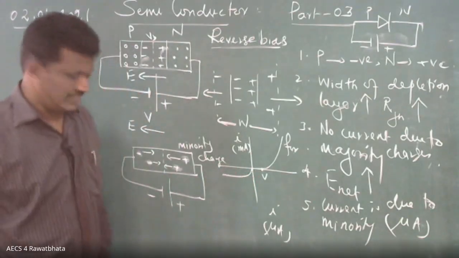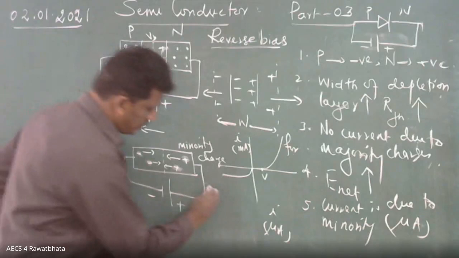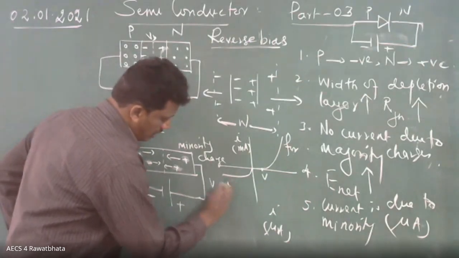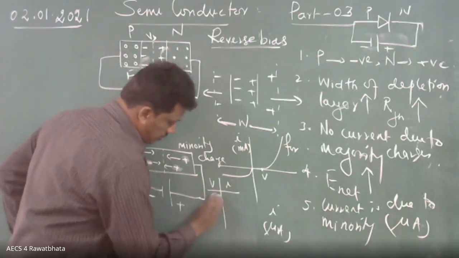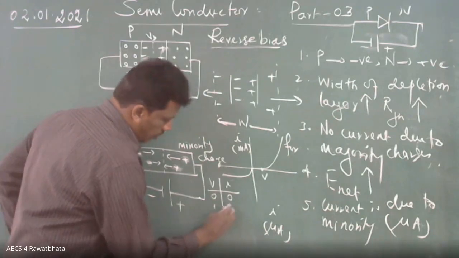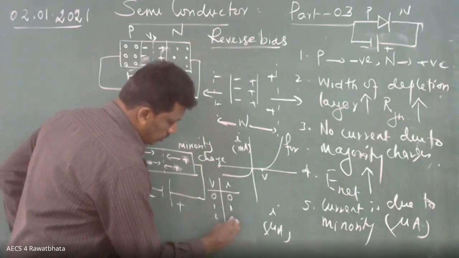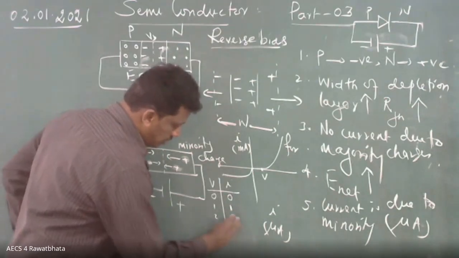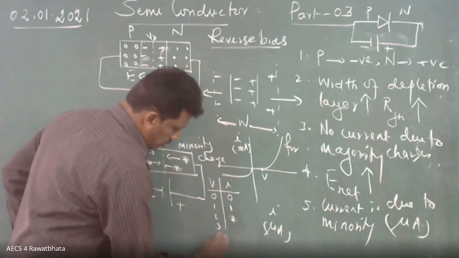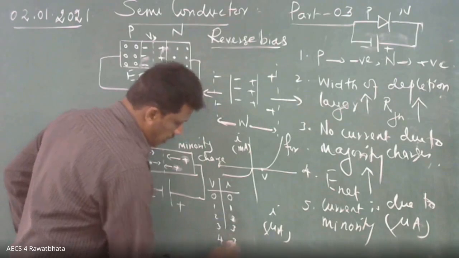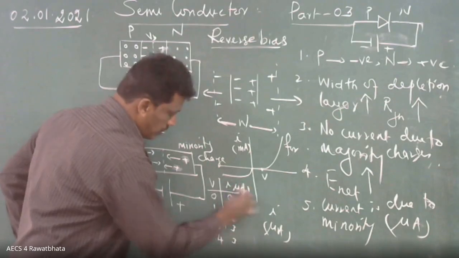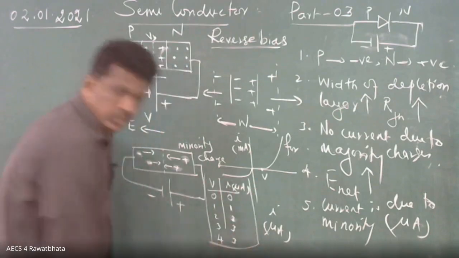Can I give the table for V, I: V, 0, 0, 1, 1, 1, 2, suppose 2 volt or 3, no problem. 3, 4, here 3 ampere, microampere. This is visible?